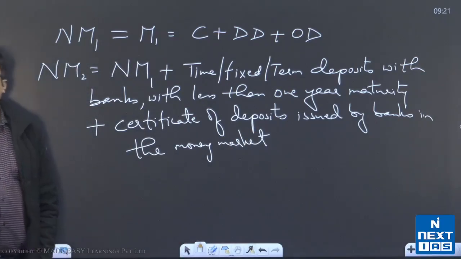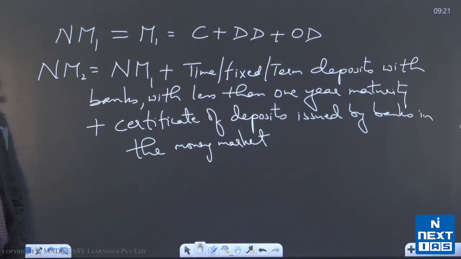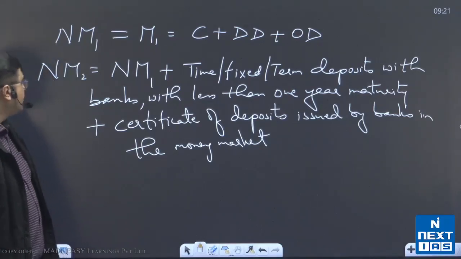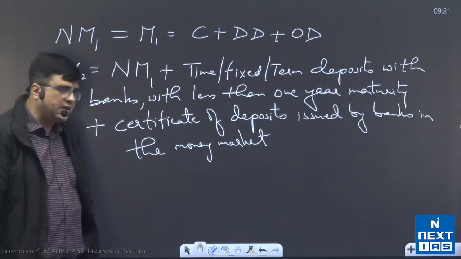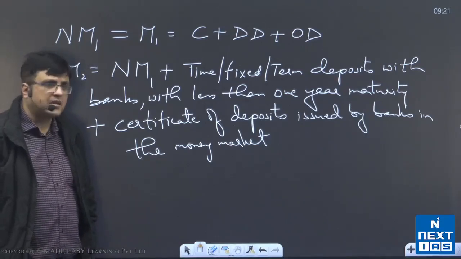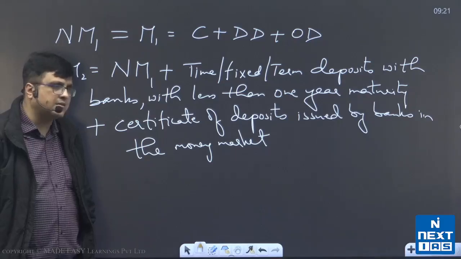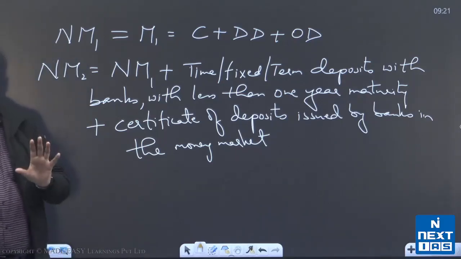This is NM2. NM1 plus time or fixed or term deposits with banks with less than 1 year maturity plus certificate of deposits issued by banks in the money market. I'll tell you what one implies by that.